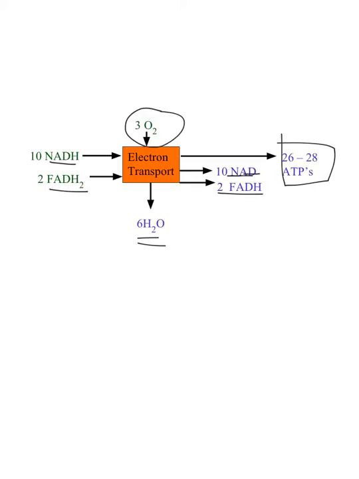But before we go too far, why is it 26 to 28 ATPs? Why don't I just give you a proper number here? Well, here's where it becomes a little bit tricky. Turns out that for every FADH2 that you pump into the system, you could actually get an average of 1.5 ATPs out of that.